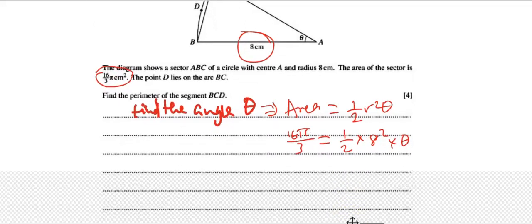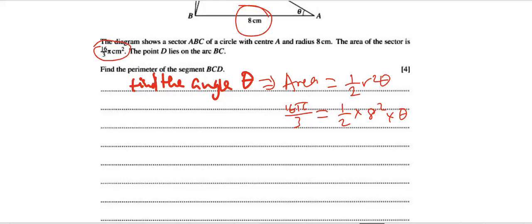So we have 16 pi over 3 equals a half multiplied by 8 squared, which gives us 32, so 32 theta. Looking for theta, we simply divide both sides, and we get pi over 6. It's as simple and straightforward as that.